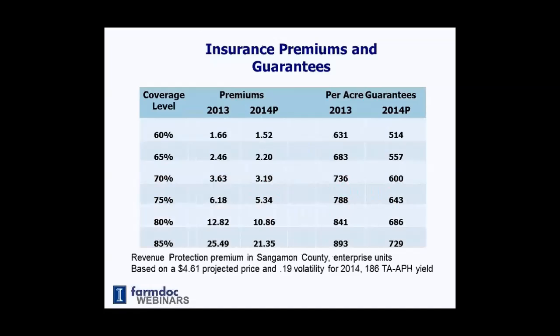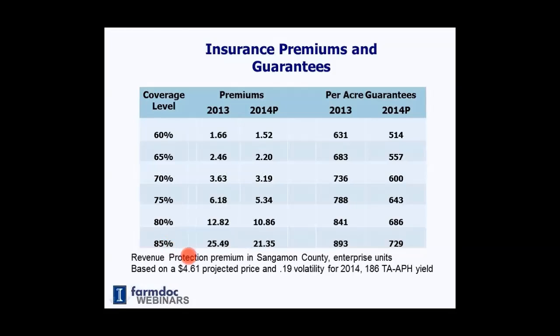Those projected prices are going to lower guarantees, and here I'm just giving you an example of both premiums and guarantees for a Macon County, Illinois situation. Let's start here first with the premiums. Again, these premiums are close, but we still don't know those exactly. We'll know those after the price and, more importantly, the volatility number is released.